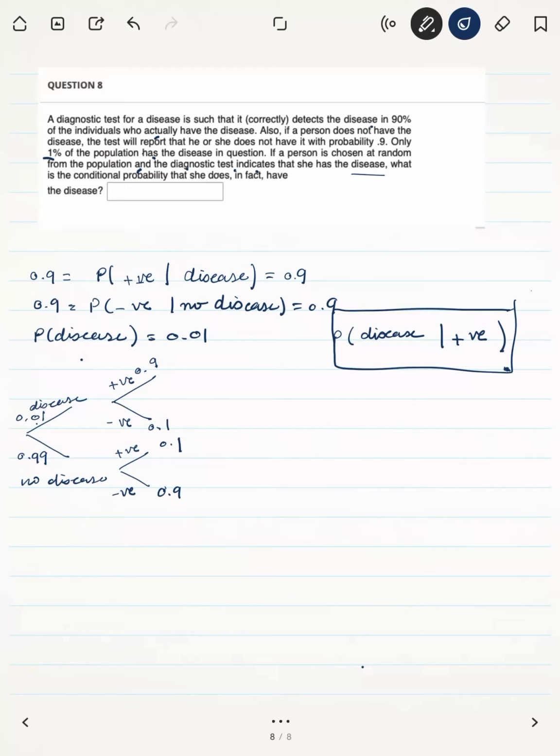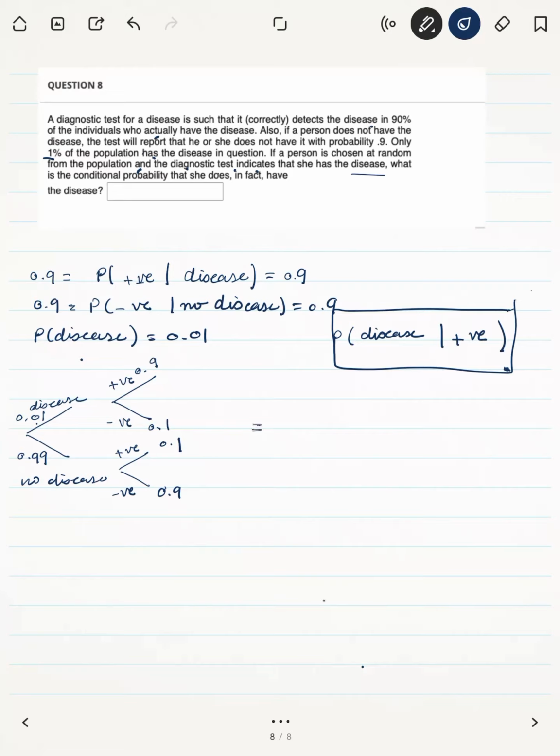I'm not going to mention the name of the rule, which is Bayes rule, but you know why it is a Bayes rule question? Because we know the order of the occurrence of these events is you have the disease and then you see the result of your test, not you have the result of your test and you don't know whether you have the disease or not. So it's not in the right order, so therefore we're going to talk about the Bayes rule.